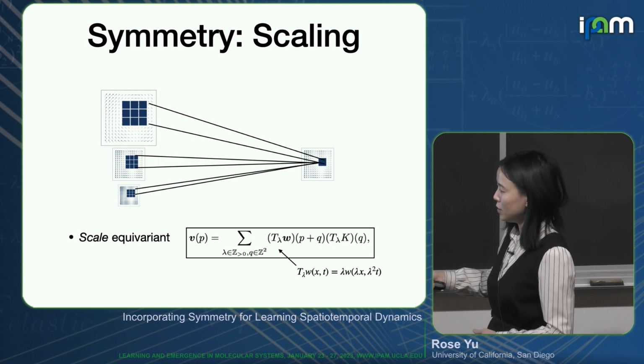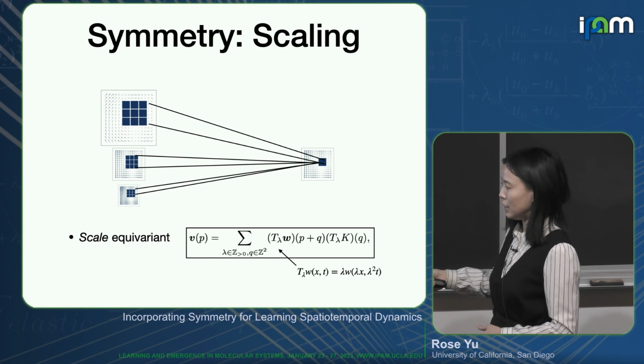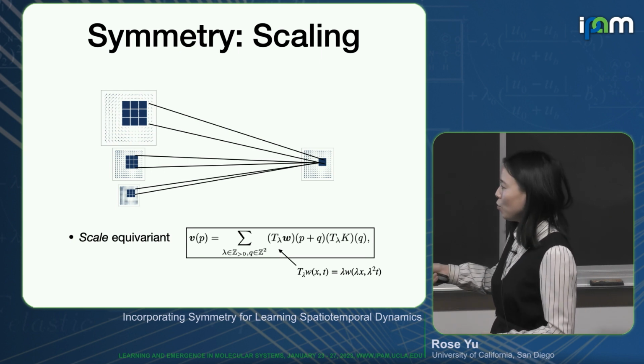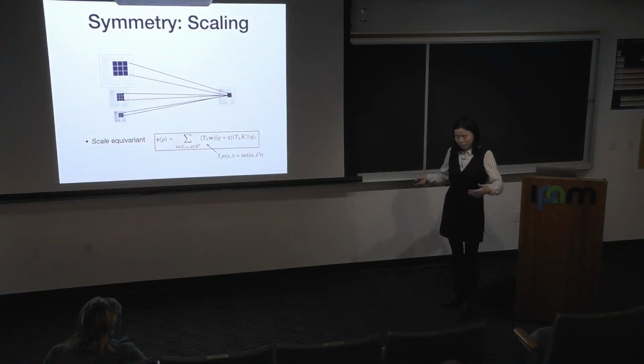This scaling operator will transform the velocity field w over space and time according to the laws of physics, and then we aggregate over different scales lambda. Here lambda is an integer. So there's obviously some numerical error because we cannot aggregate over a continuous number of scales. That's one limitation of this work.